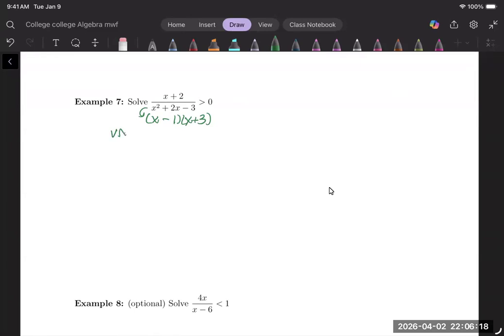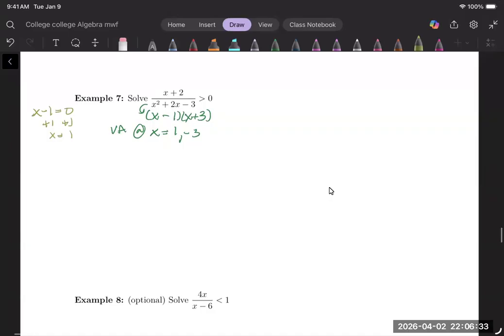So then I know I have vertical asymptotes at x equaling 1 and -3, from, right, setting them equal to 0 and solving. X equaling 1, and then if x plus 3 equals 0, subtract 3, x is equal to -3. And again, up here, right, this says I have an x-intercept at x equaling -2.